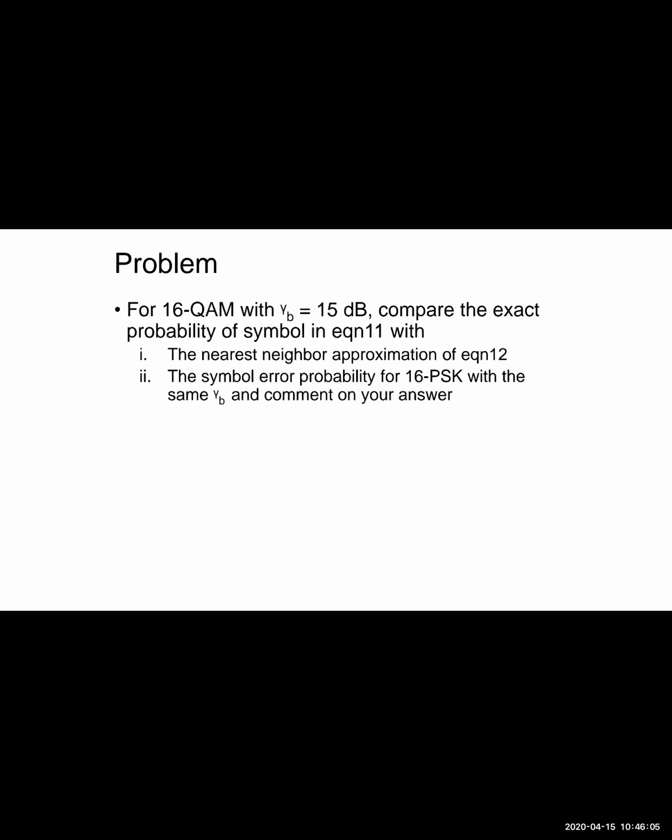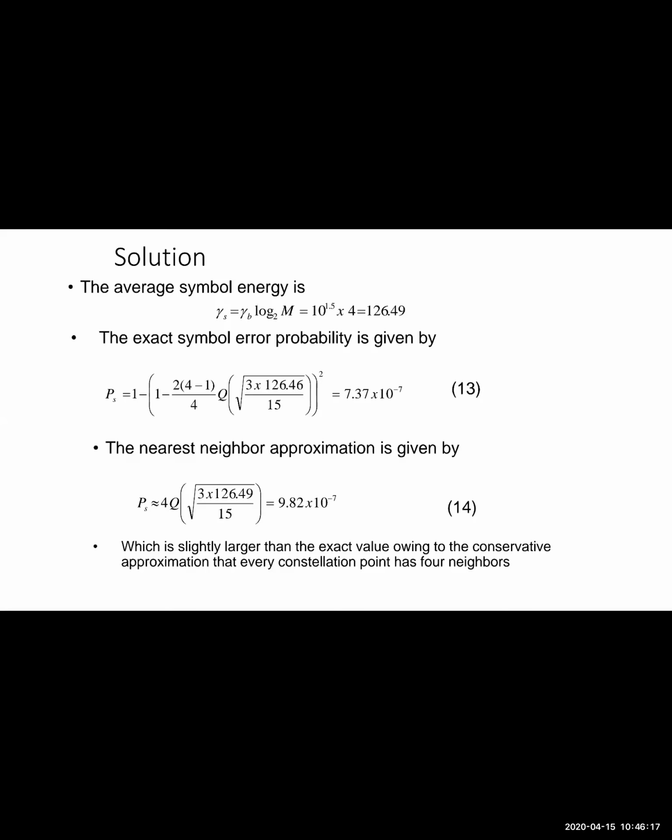So, for instance, if you want to repeat the question we have on the other side, then you can go through this question. Then we will use the exact method, that is equation 13. Look at the value. Then we will use the approximate, that is equation 14.